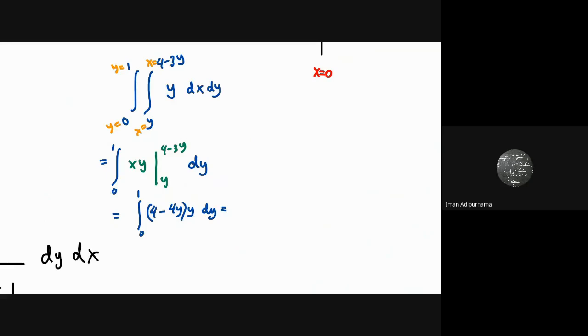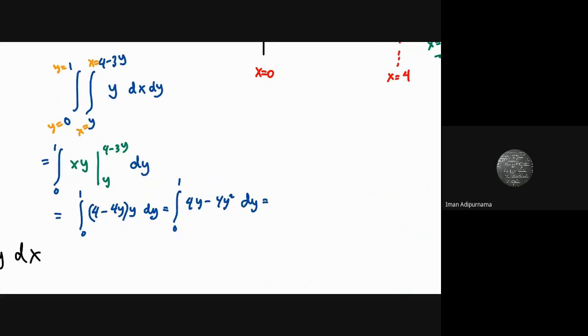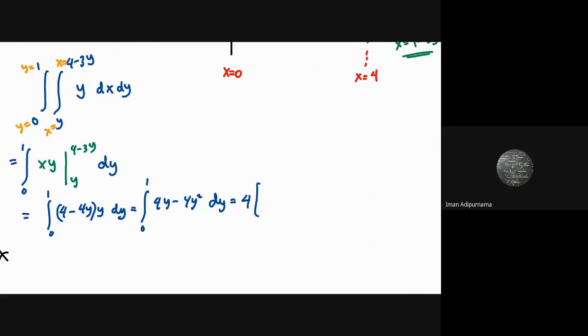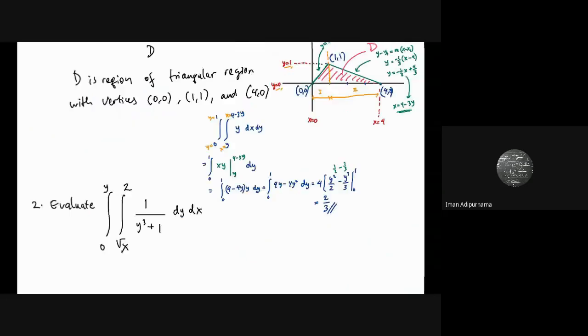And it will be half minus 1 over 3. So it should be 4 over 6, or 2 over 3. That's how you get the answer.